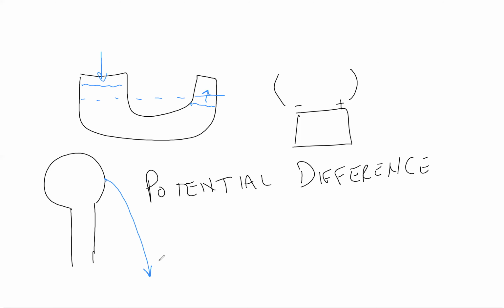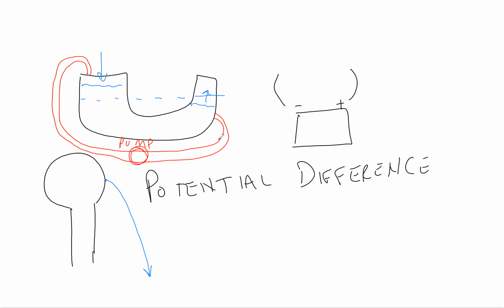Well, let's go back up here to the water situation. How could I keep this going? One way to keep this going and to keep it from ever reaching equilibrium is to throw an extra pipe in right here, and right here we're going to put a pump.